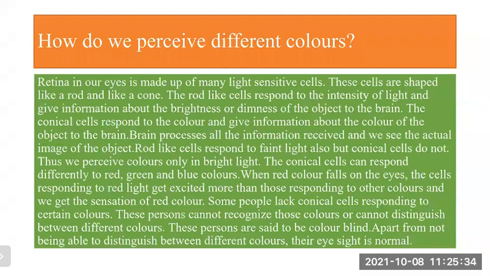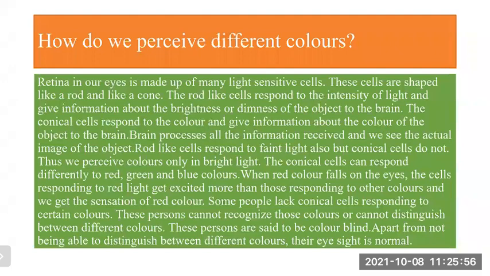Got it? But see, some people lack the conical cells responding to certain colors. Therefore, these persons cannot recognize those colors or cannot distinguish between different colors. So what is the reason for this?